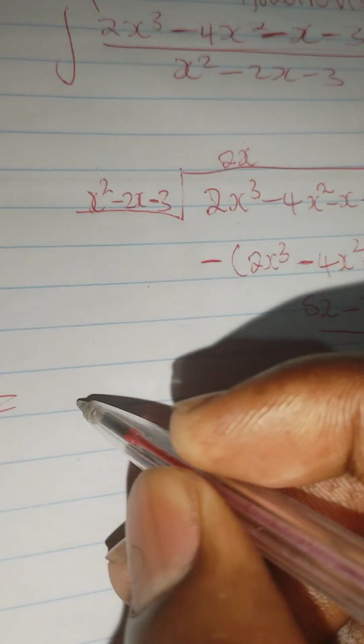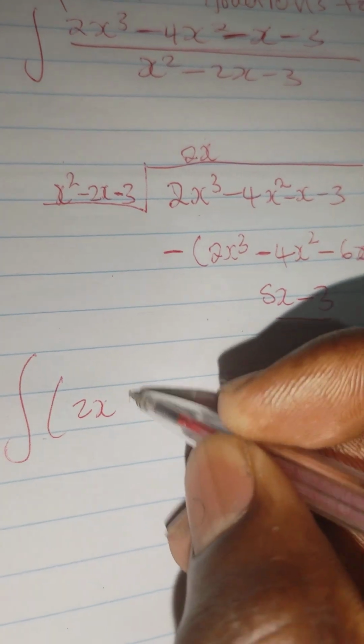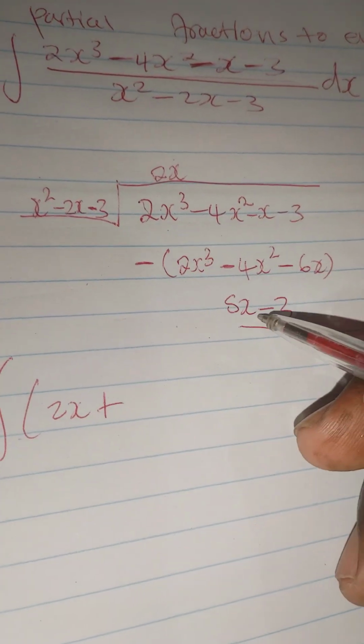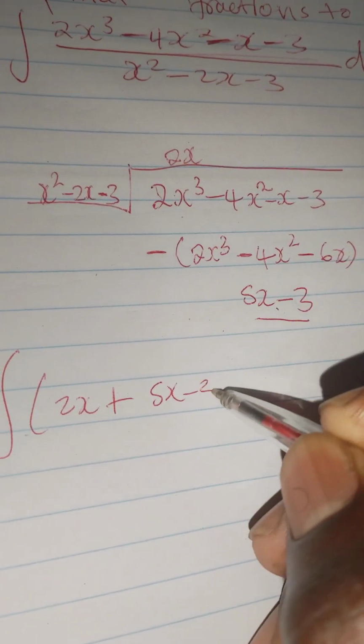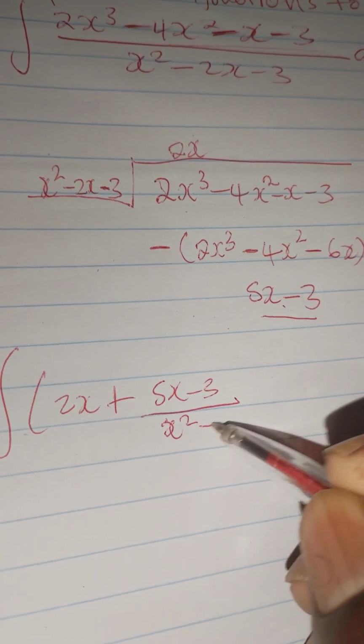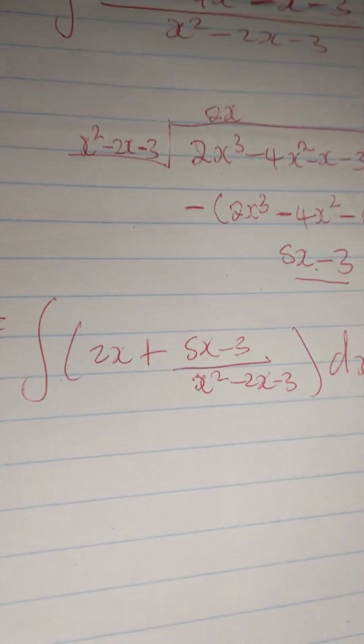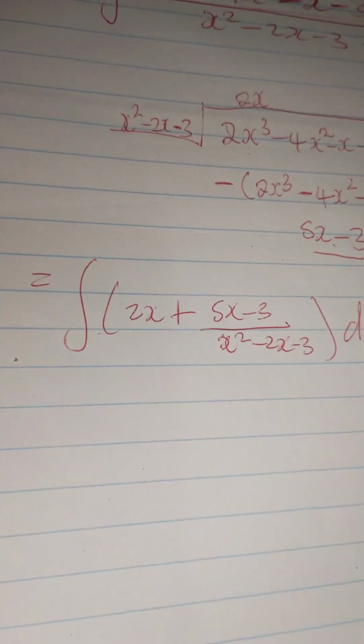Now your integral will be written something like this: the integral of 2x plus 5x minus 3 divided by this function, dx. So now you can work out your function and find the integral.